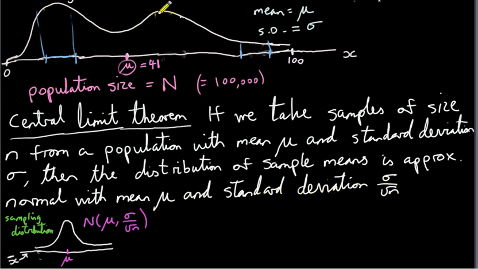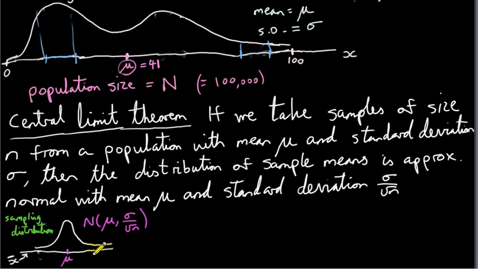So here's our population. Now the population doesn't have to be normal. That's the fairly surprising thing about the central limit theorem. And these are our x values. So we take samples of size n from our x values. We calculate the mean x bar. So these values here are the x bars for all of our samples, all the sample means.